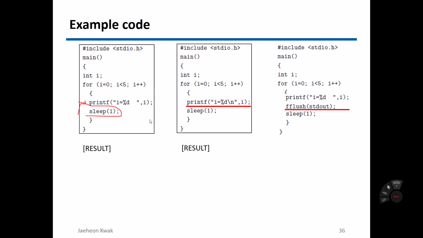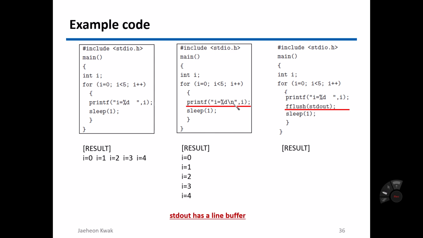So let's see the first 2 examples. So like this. As I told you before, the standard output uses line buffering.